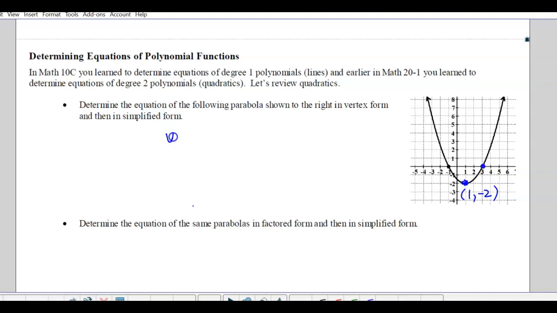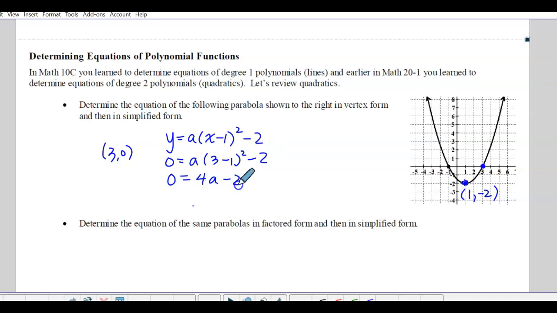But let's set it up. y equals a, x minus 1 squared minus 2. I'll use 0, 3. So a equals 1/2. And then always rewrite the equation.